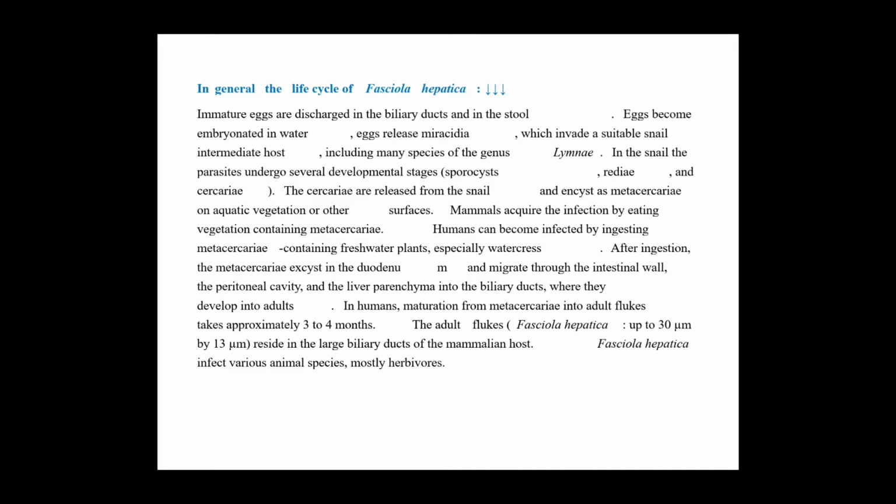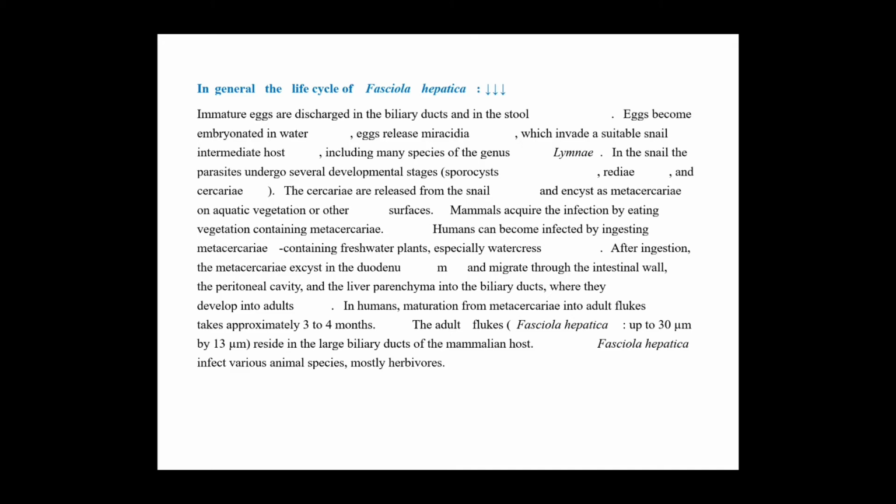Okay. In the first intermediate host, the snail, the parasite undergoes several different stages, which are sporocysts, rediae, and cercariae. Cercariae are released from the snail and encyst as metacercariae on aquatic vegetation or other surfaces. Mammals acquire the infection by eating vegetation containing metacercariae.